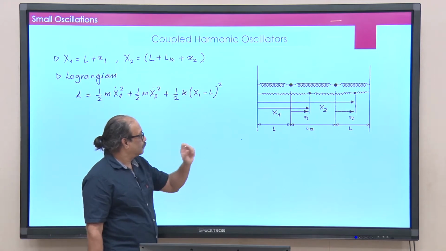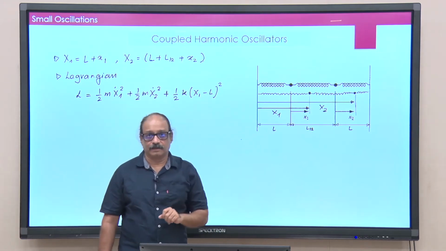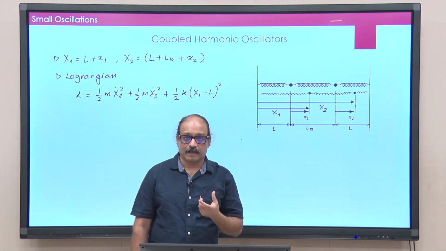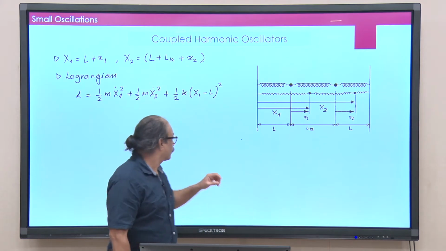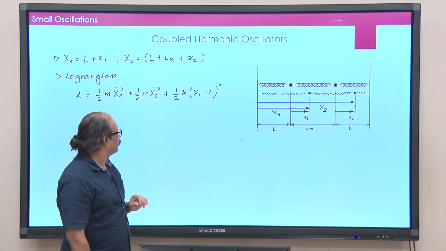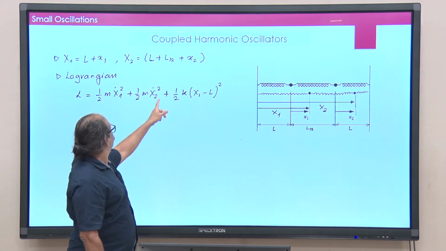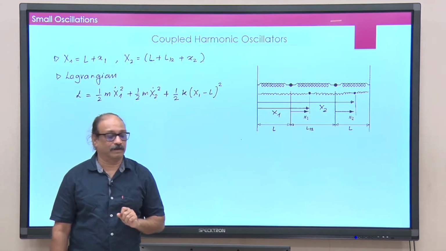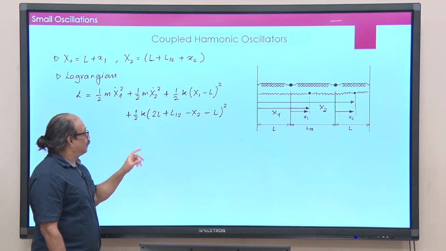Look at the length of that spring: it has been stretched and the extension is capital X1 minus L. So, the potential energy will be half k (X1 minus L) whole square, and there should of course be a minus sign here which I forgot; I have made a mistake.